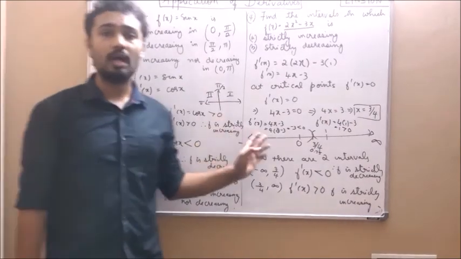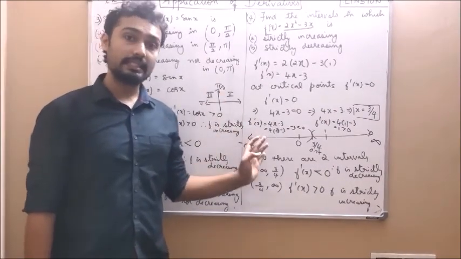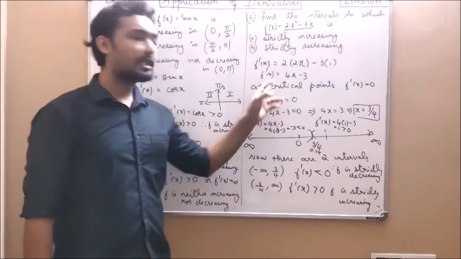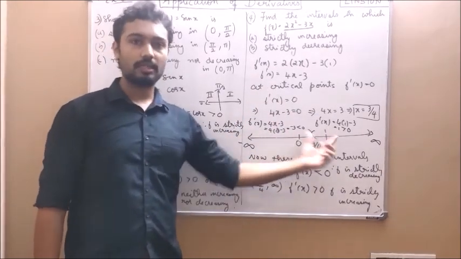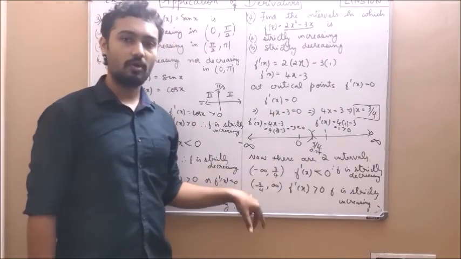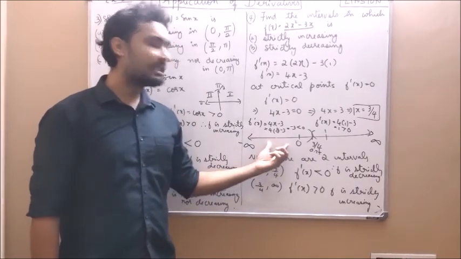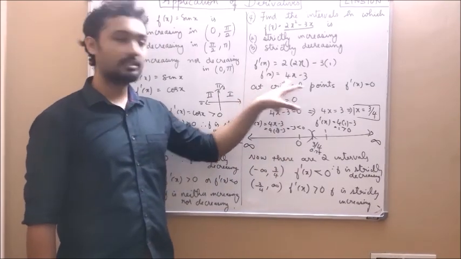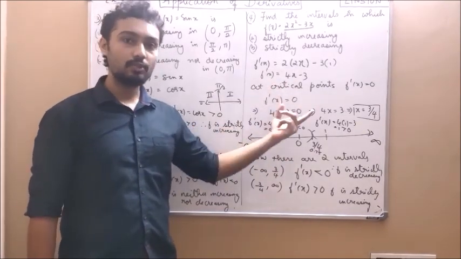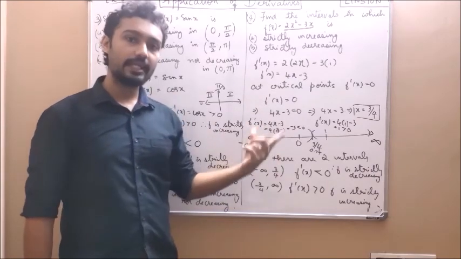So I hope you understood how we check for either increasing or decreasing. The critical points partition the real line R into intervals depending on the critical points. So these are the two intervals formed. Now we check in each interval: we take any point and substitute in f dash of x. If f dash of x is positive, it is increasing. If f dash of x is negative, then it is decreasing.